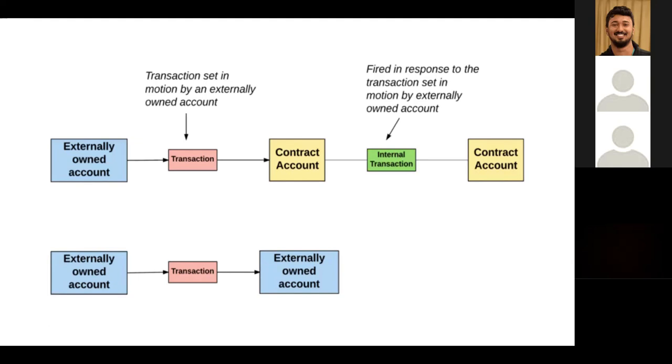Say you are calling some function written on a contract, that is also a transaction. The contract interacting internally, that is also a transaction. And transferring money from one externally owned account to another externally owned account is also a transaction. So it can be anything. Any interaction on a blockchain is a transaction.